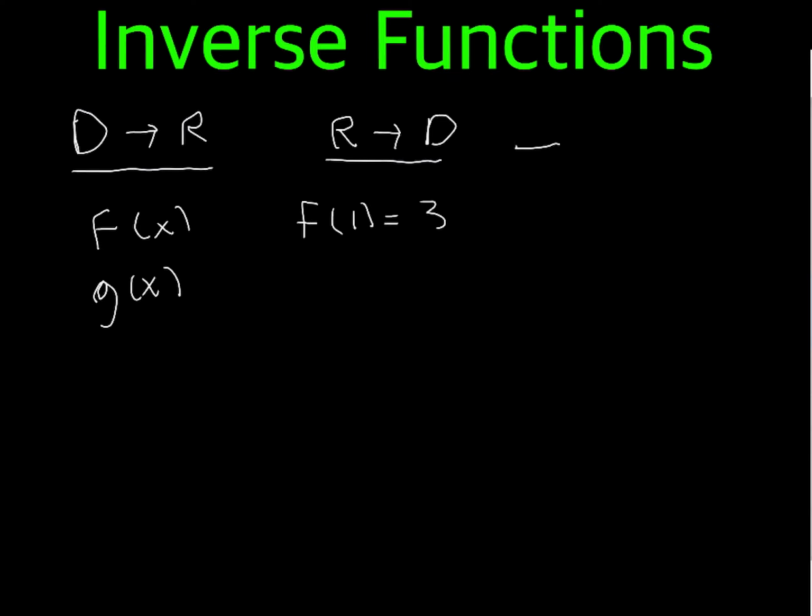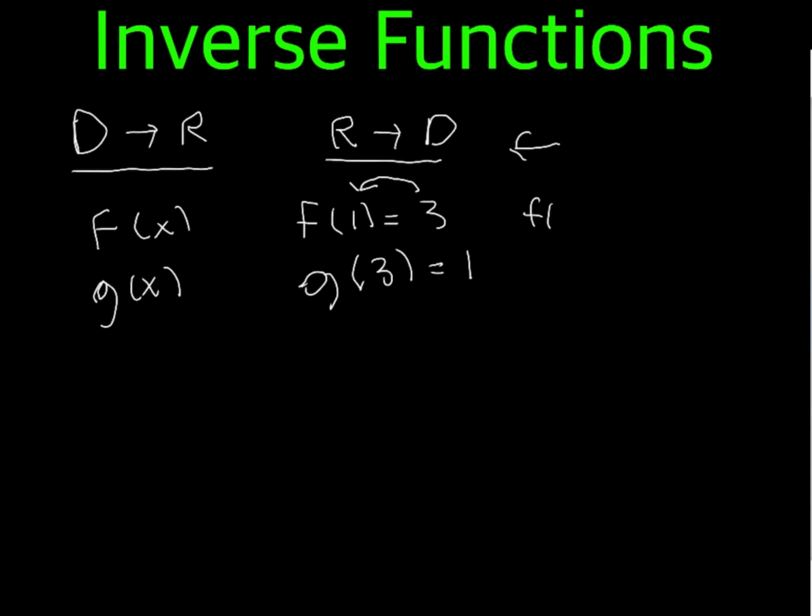Now, using this example up here, this means that g of 3 should equal 1, because notice it's going to go backward from the range to the domain. We're going from 3 to the 1. G of 3 is 1.